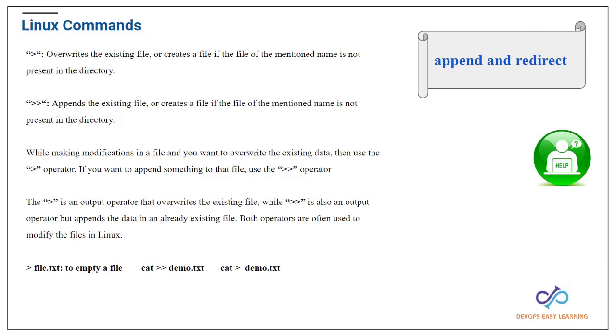But if the file exists, redirect will overwrite the content of that file and put in new content. You need to be very, very careful while using redirect. Understand exactly what you are doing before you use redirect.